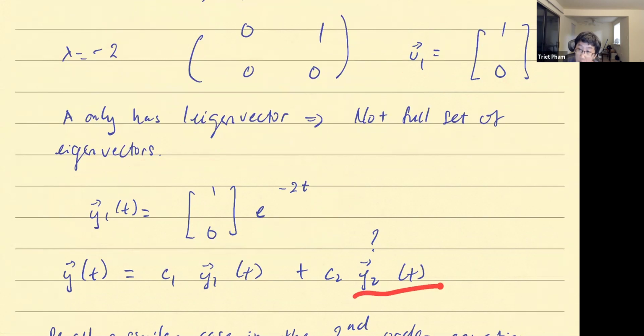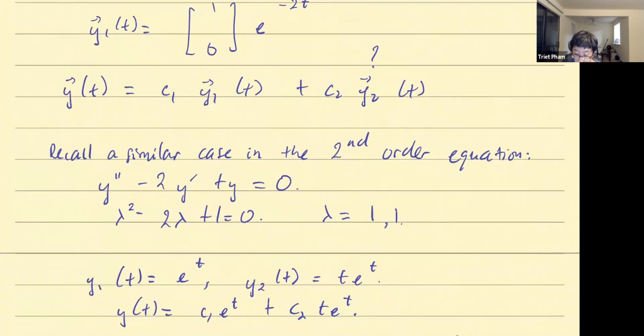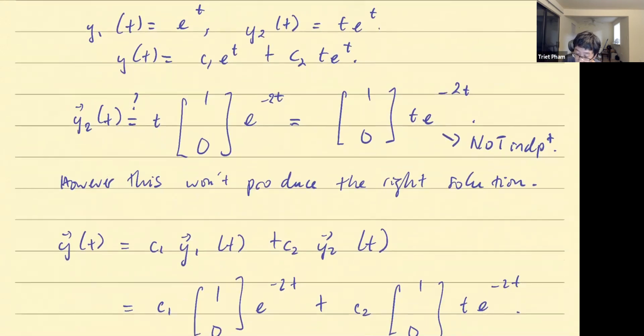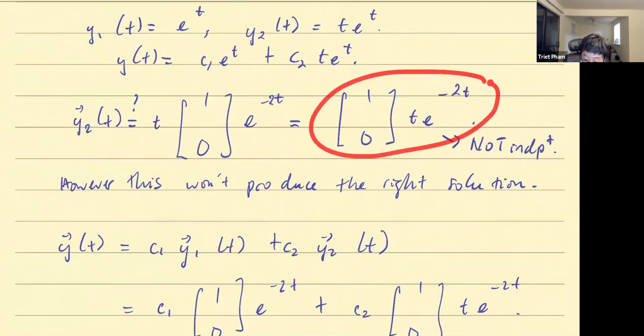Remember, in this system, 2 by 2, 3 by 3, etc., you need exactly n solutions. So you know that you need the second one somehow. But where does the second one come from? A failed attempt is to do this: basically, to take the first one and just multiply a t with it.